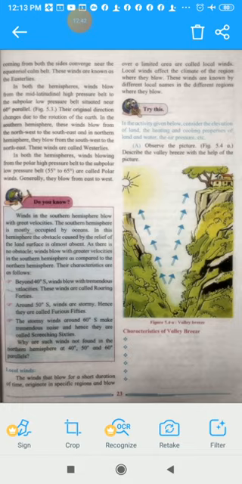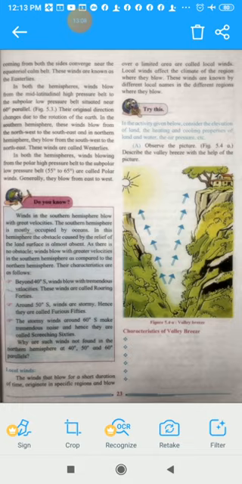Also these winds blow over a very limited area, not like planetary winds. They cover the maximum portion of the earth, major portion of the earth, but these local winds affect only little areas of the earth. They cover only a limited area. Such winds are called as local winds.